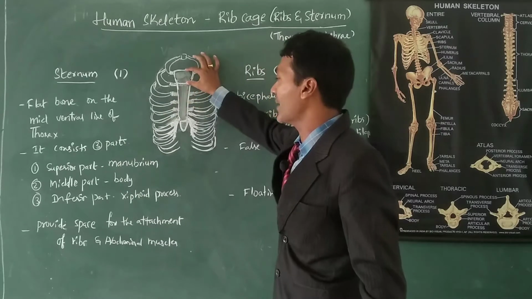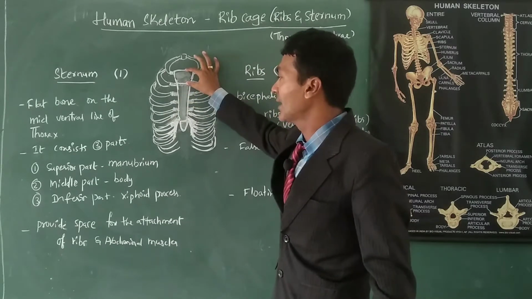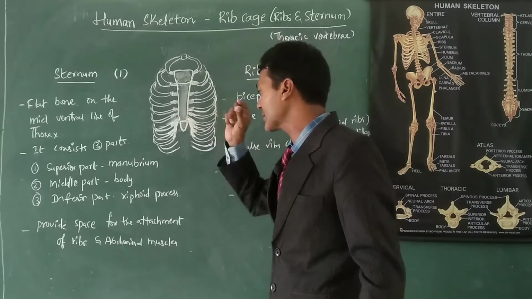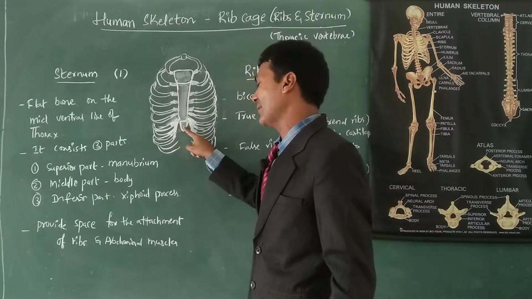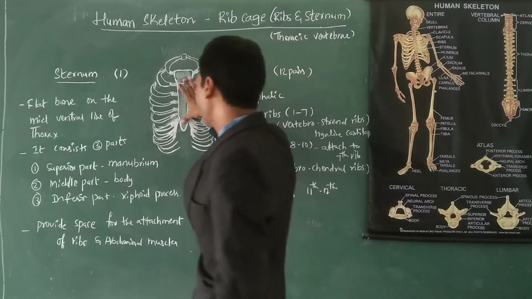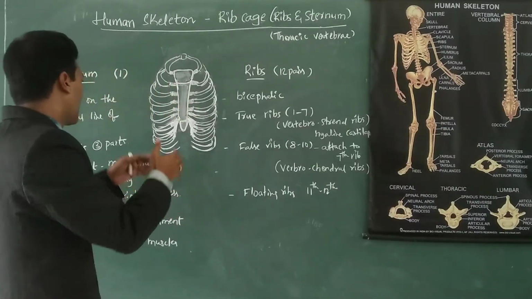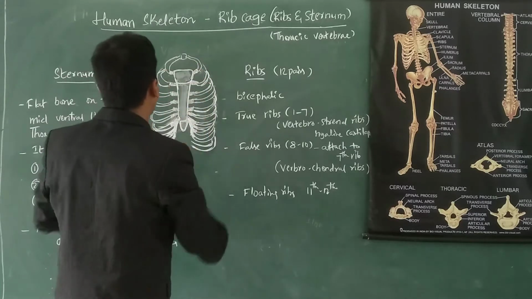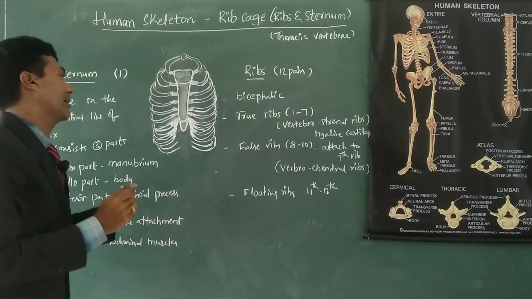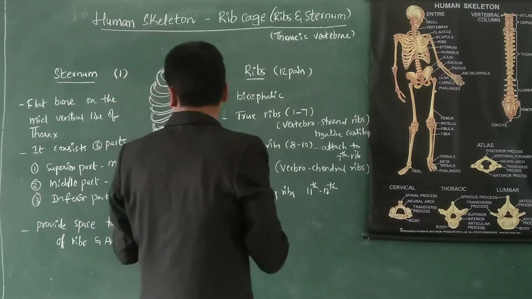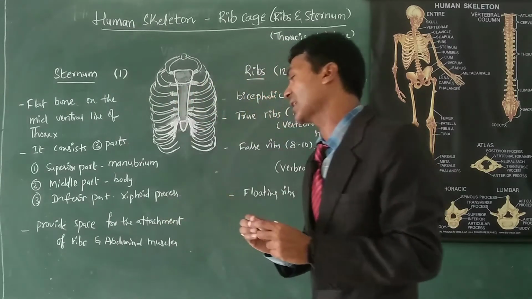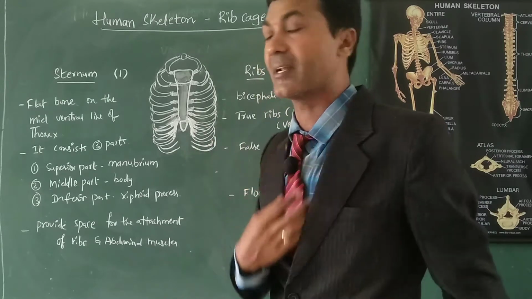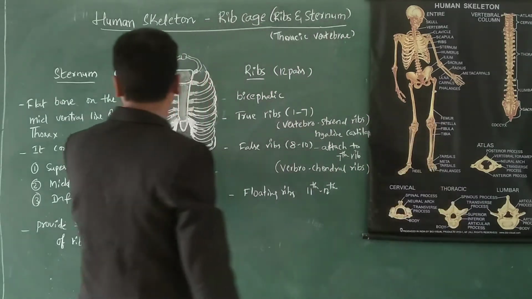The superior part is called manubrium, the middle part is called the body, and the inferior smaller part is known as the xiphoid process. This flat bone helps to articulate the ribs in the front, and not only articulation of ribs but also attachment of abdominal muscles. So this is regarding sternum.